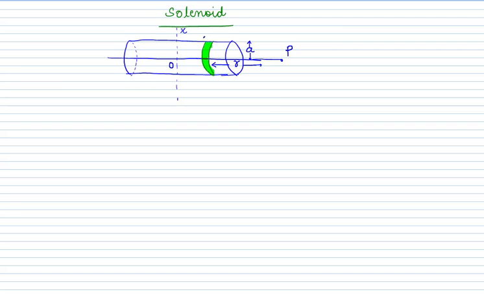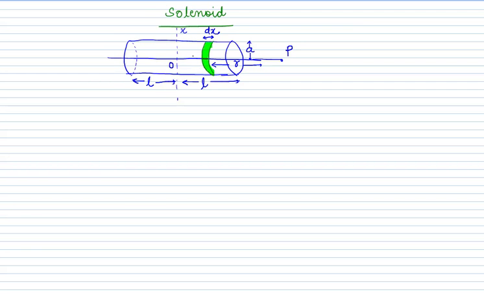This length is dx of the solenoid. This is the center point and the radius is a. Since we have divided it into two halves, I'll take each length as L. That means the total length of the solenoid is 2L. This is L and this is also L. So that is how we have drawn a solenoid.